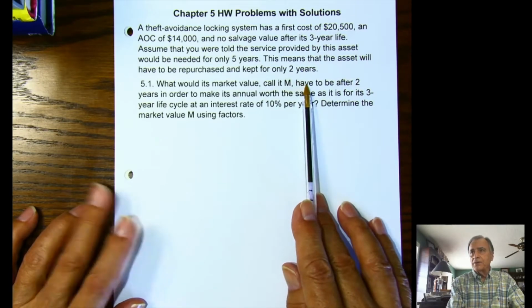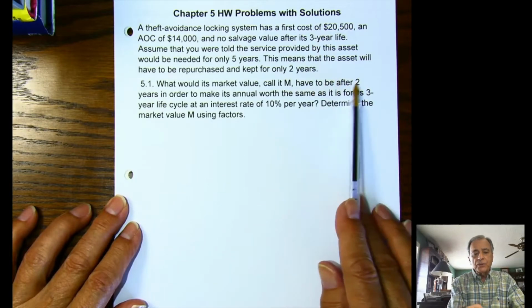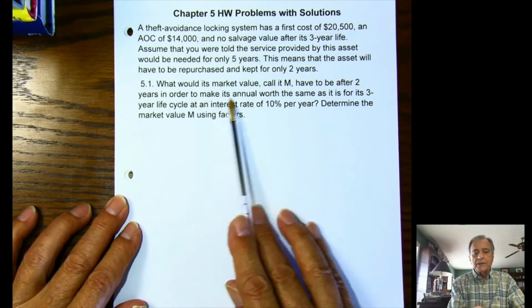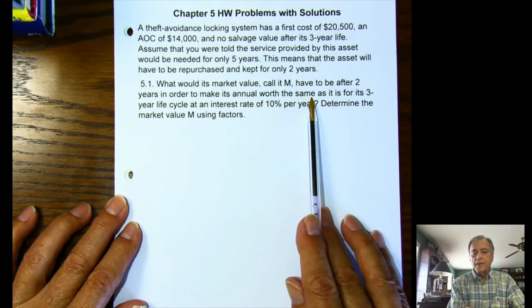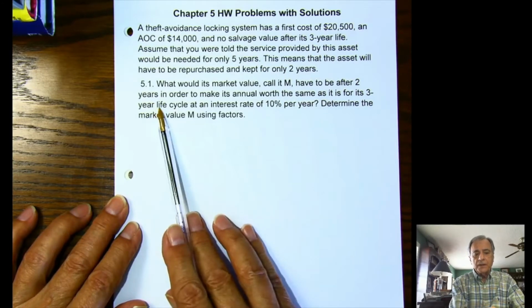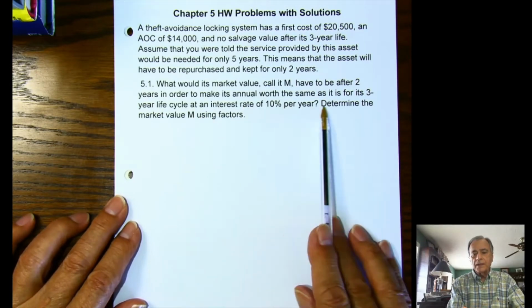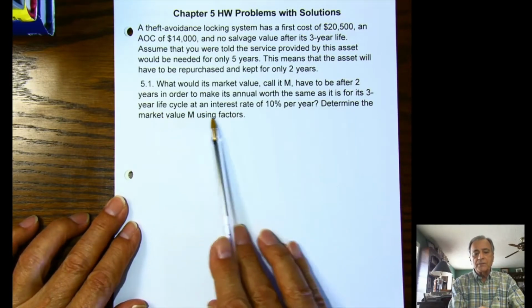That's kind of a salvage value after 2 years, in order to make this annual worth the same as it is for the 3-year life cycle at an interest rate of 10%. Determine the market value M using factors.